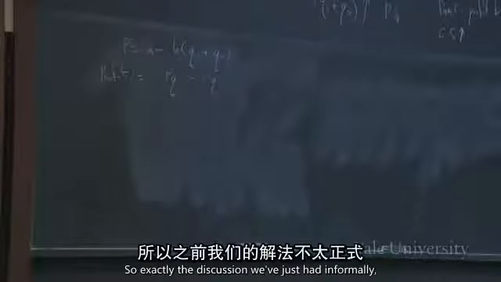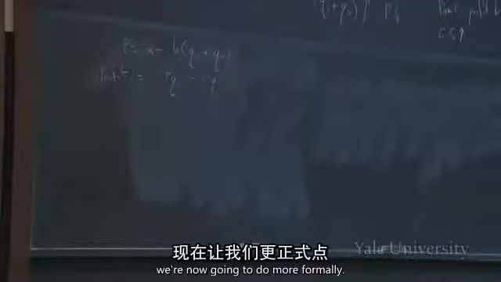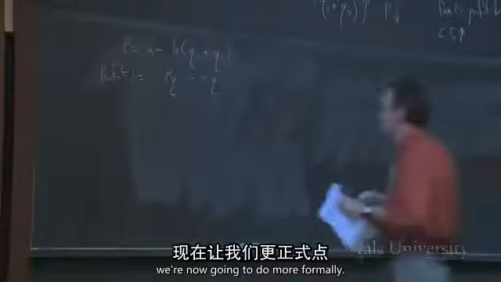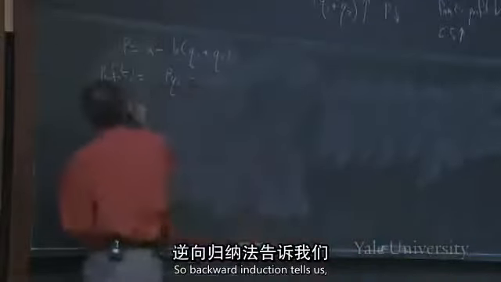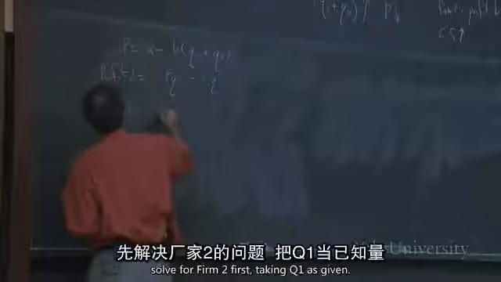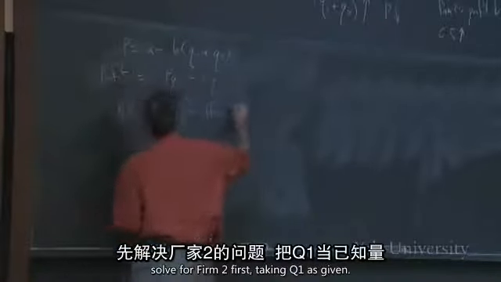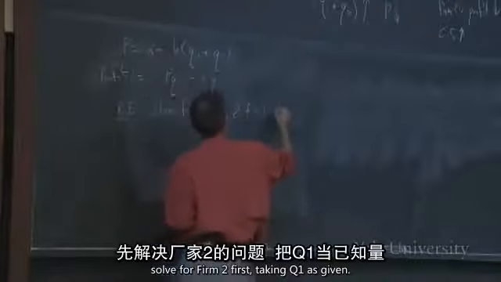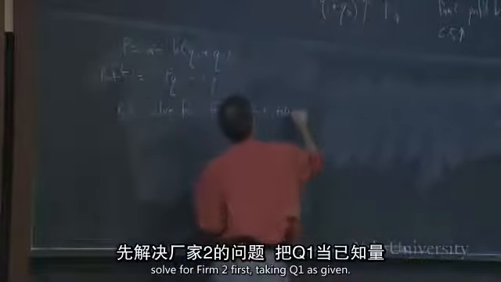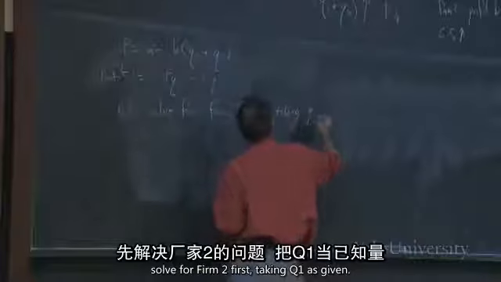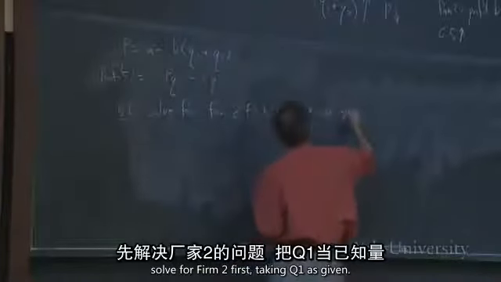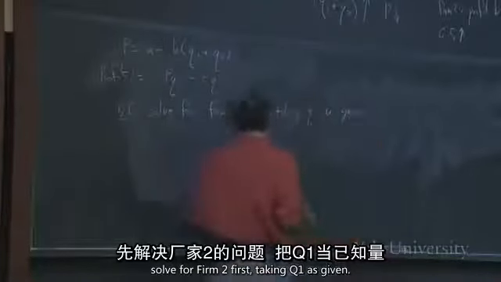So exactly the discussion we've just had informally, we're now going to do more formally. So backward induction tells us to solve for firm 2 first, taking Q1 as given.